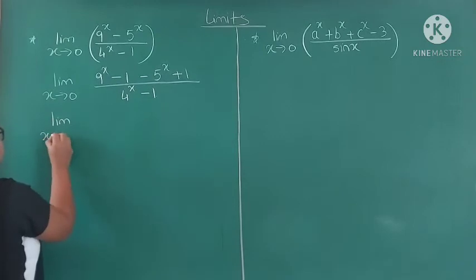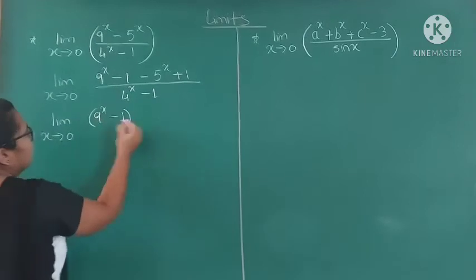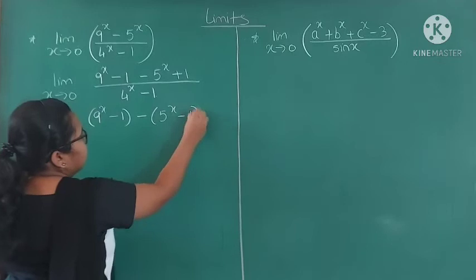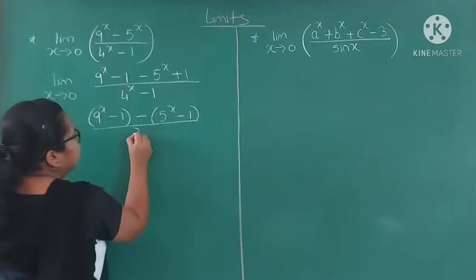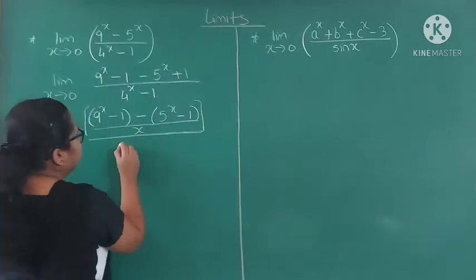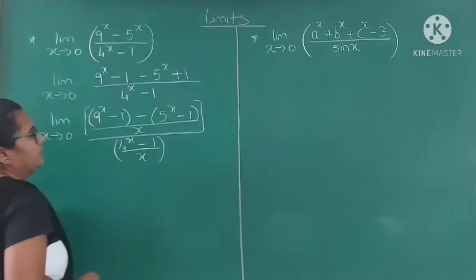So limit as x tends to 0, 9 raised to x minus 1, take minus sign common out, it becomes 5 raised to x minus 1 upon x numerator, upon 4 raised to x minus 1 upon x your denominator. Okay.